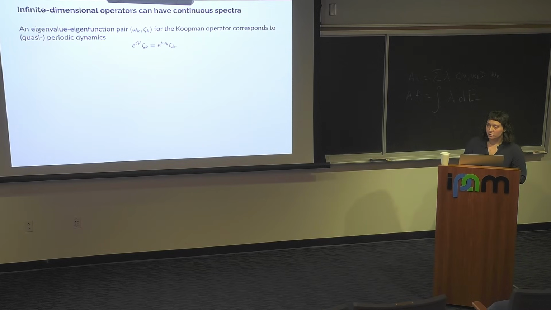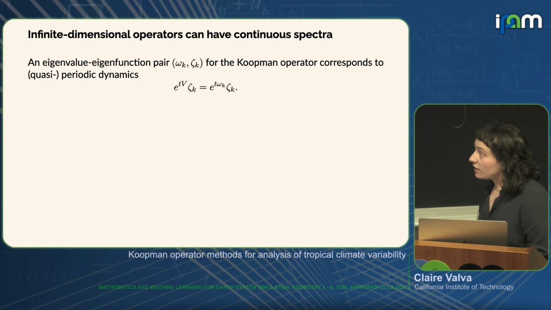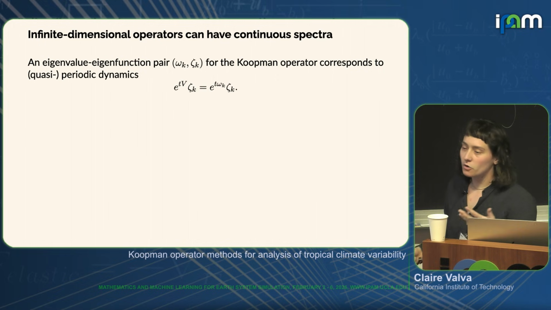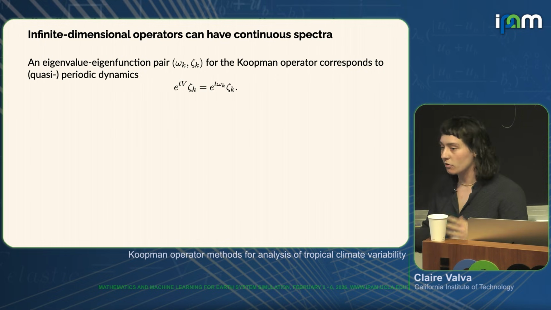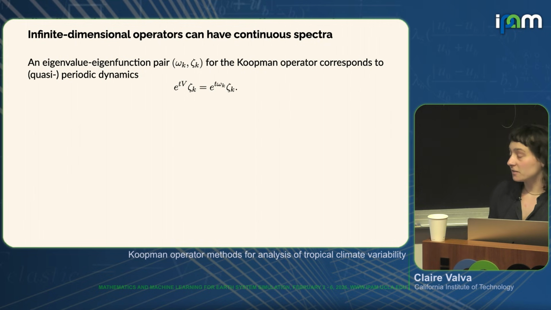The second thing, and what I alluded to for Noah's question, is that infinite dimensional operators can also have continuous spectra. So if we have a true eigenvalue eigenfunction pair for our system, this is going to correspond to periodic, or maybe in the case of an infinite sum, quasi-periodic dynamics. But we know that doesn't always exist, right?